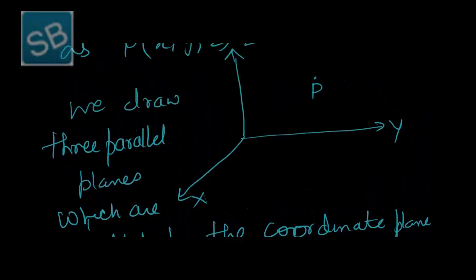So we draw a plane parallel to the xy plane, that is it is at a distance x and this is at a distance y. This is parallel to the xy plane.